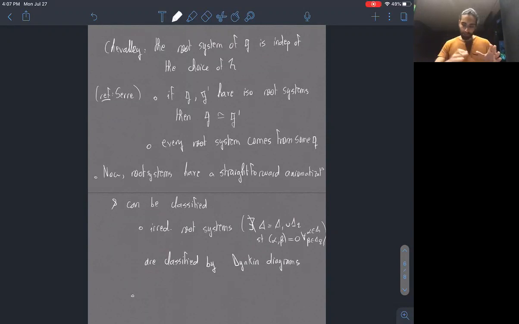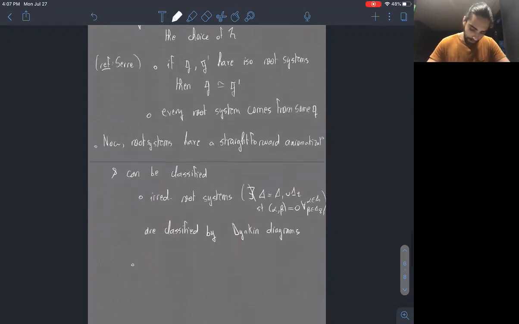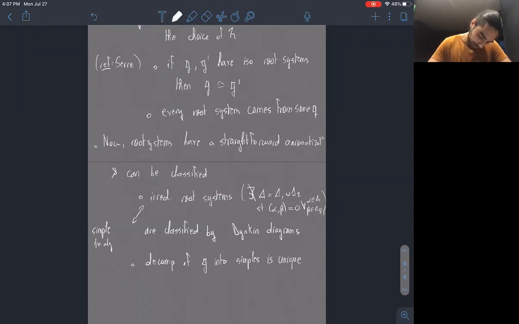And they correspond under the Lie algebra root system correspondence to simple Lie algebras. So these are what corresponds to simple Lie algebras. And then the decomposition of a given G into simples is unique. So with all of these facts put together, we get a classification of semi-simple Lie algebras.